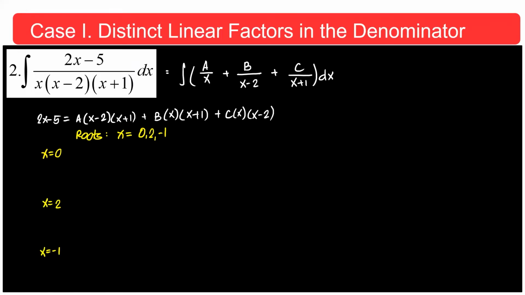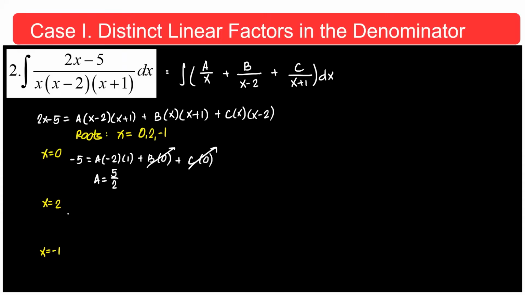When x equals 0, on the left, it's going to be negative 5. So, negative 2, 1, A, yung b, that's with x. So, 0 na siya. Yung c, it contains an x. So, 0. So, you'd be able to solve for A. A is negative 5 over negative 2.